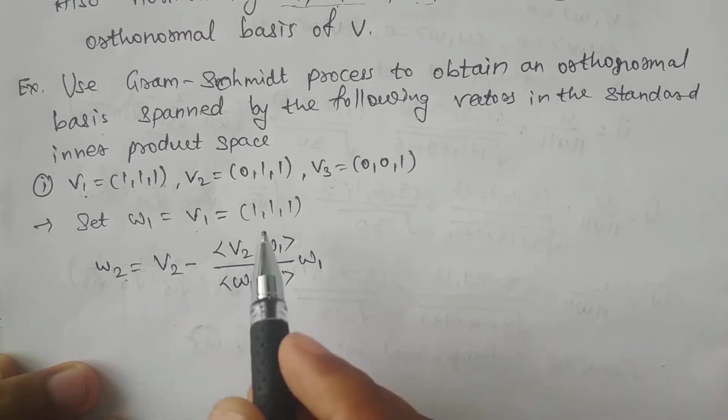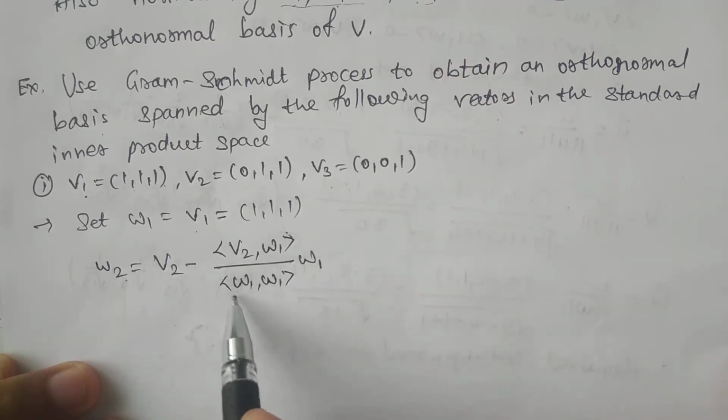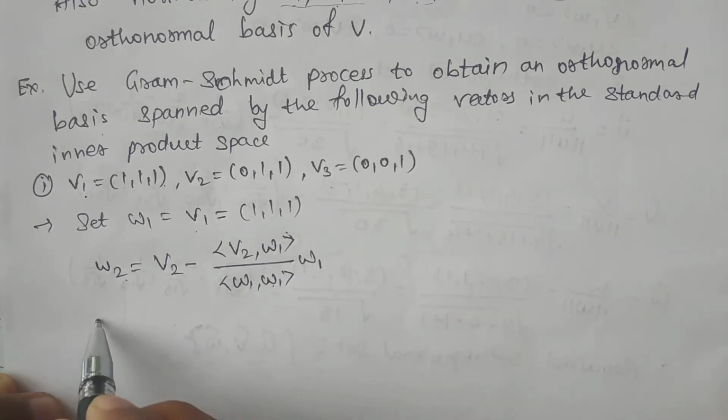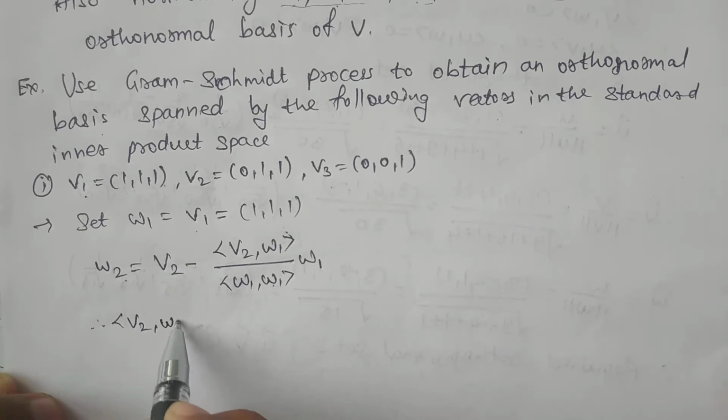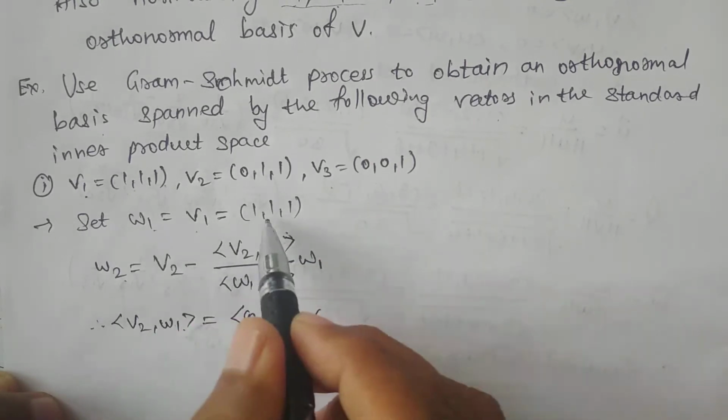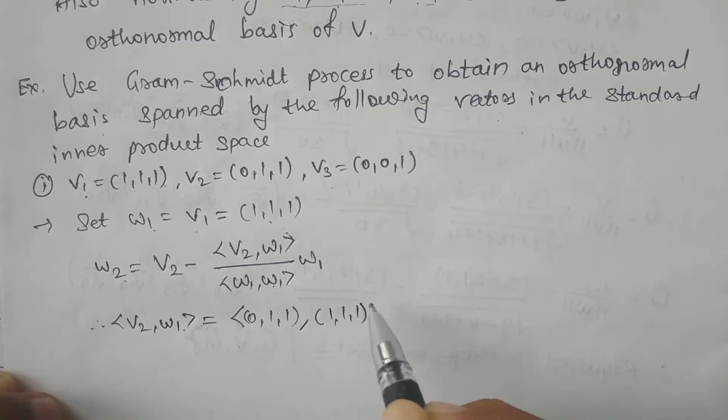To calculate w2 we have to calculate these two inner products separately. The inner product of v2 and w1 is the inner product of v2, (0, 1, 1), comma w1, (1, 1, 1).